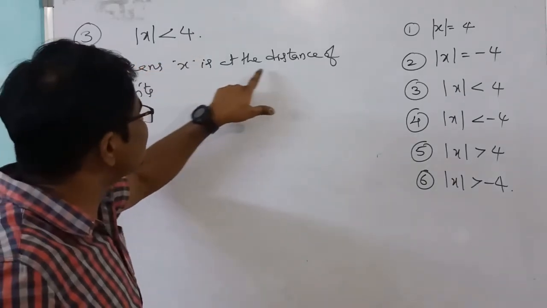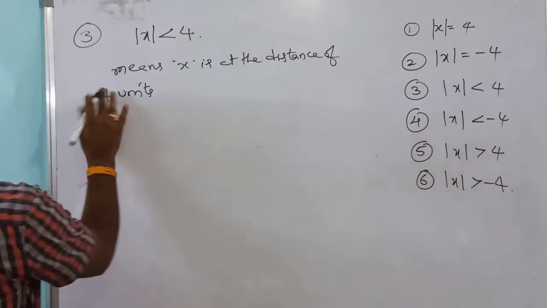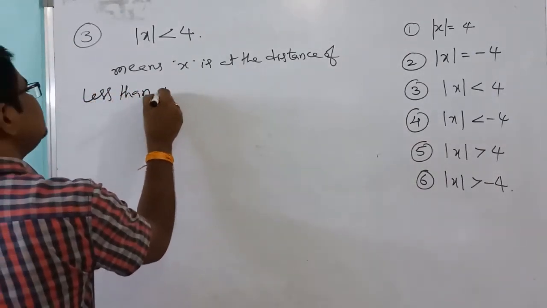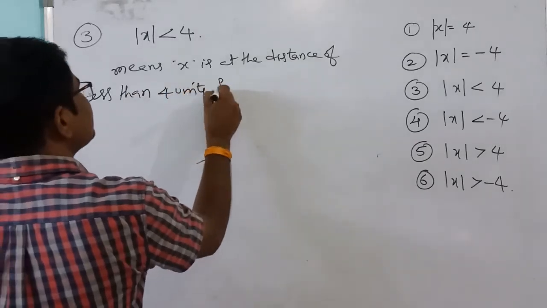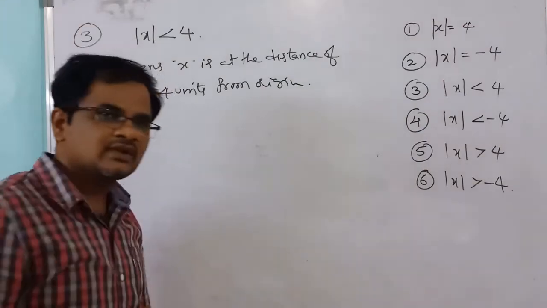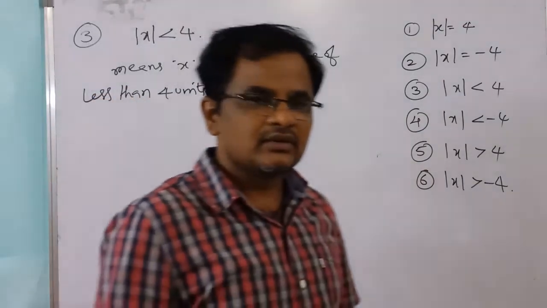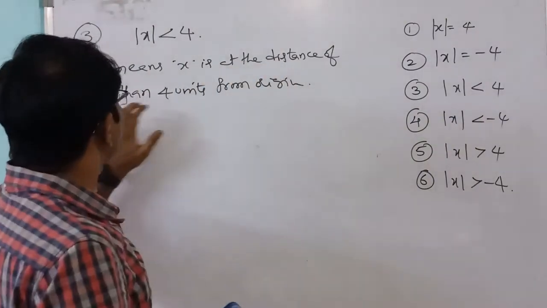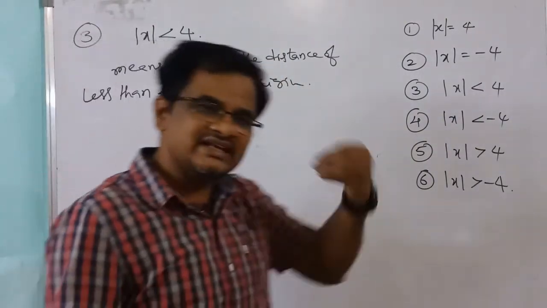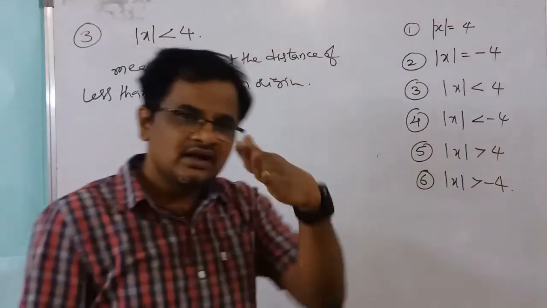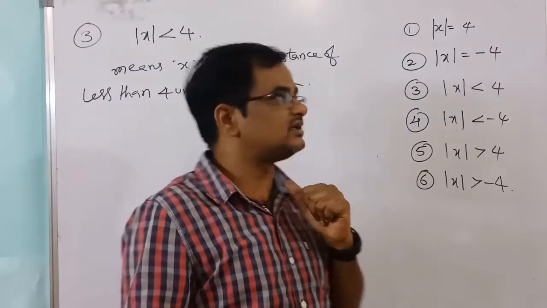So x is at a distance of less than 4 units from the origin, nothing but distance covered less than 4 units on the left and right side of the origin.